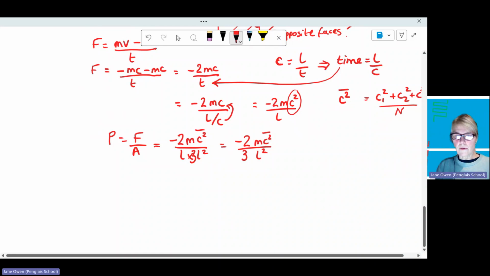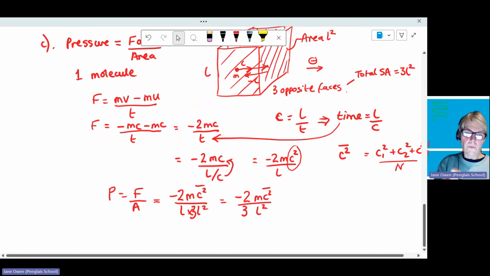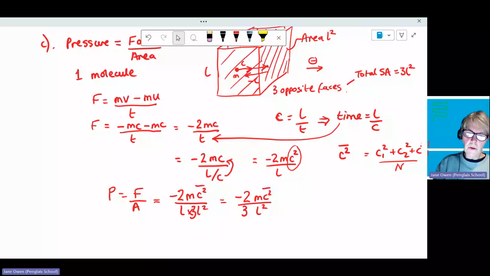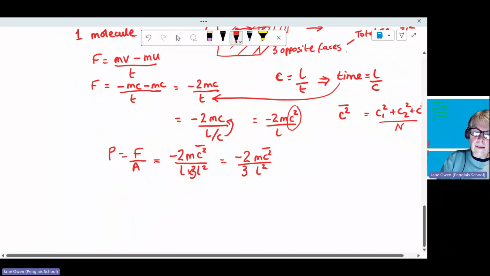Now, what we need to consider is that this is the force of the molecule on the wall. So the force of the wall back on the molecule will be in the opposite direction.